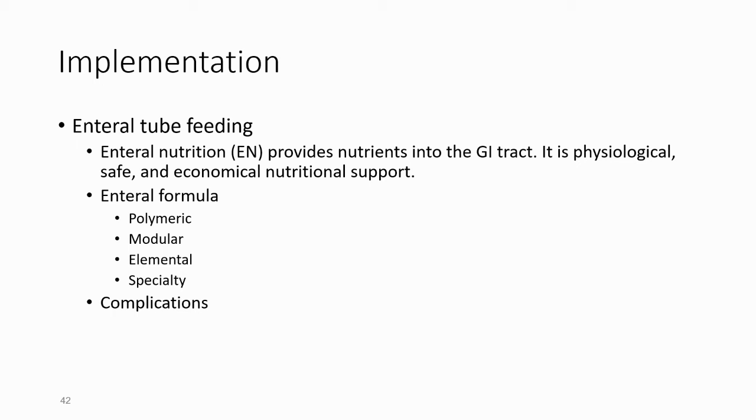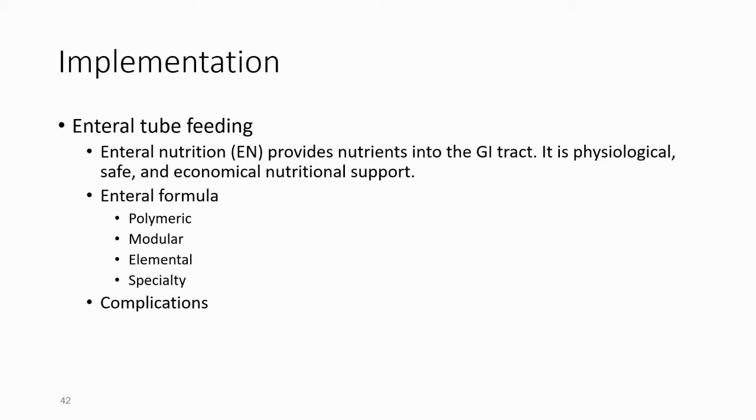Now, when we cannot provide oral nutrition, sometimes there are conditions or complications that require what we call an enteral tube feeding. So remember, we already defined parenteral and enteral.